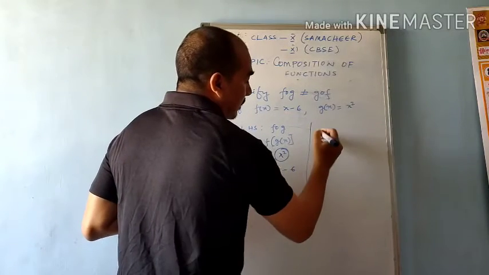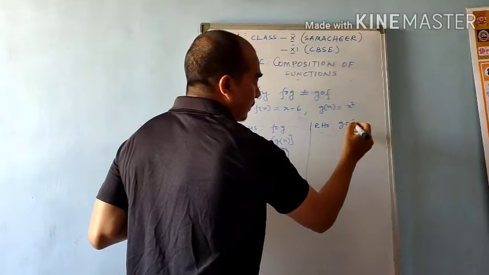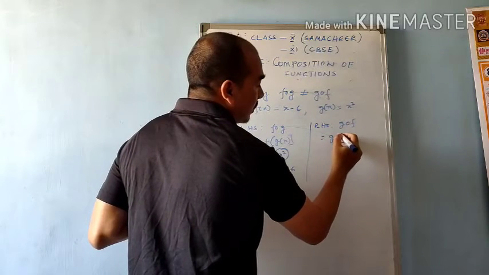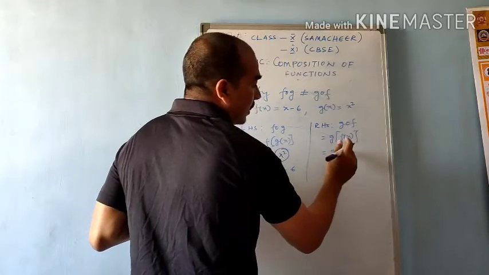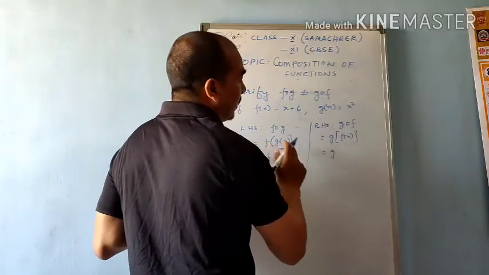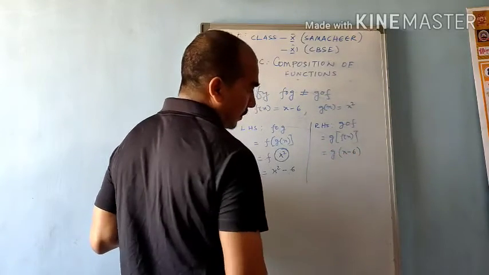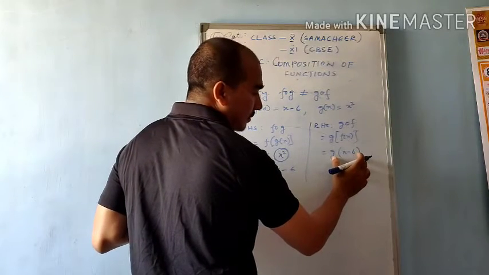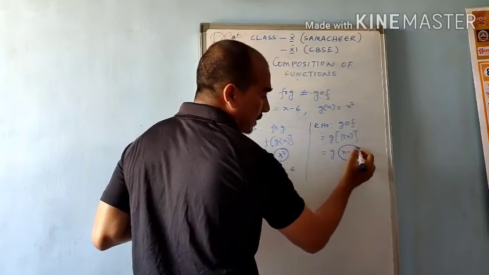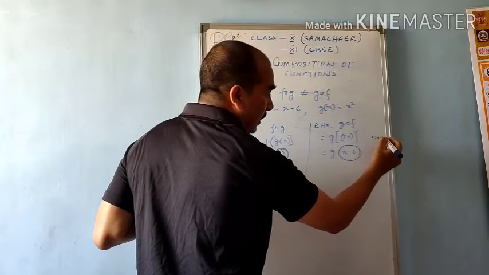Then let us find the right hand side again. g o f means g of f of x. Already we know f of x value is x minus 6, so now it becomes g of x, and the x value here is x minus 6.